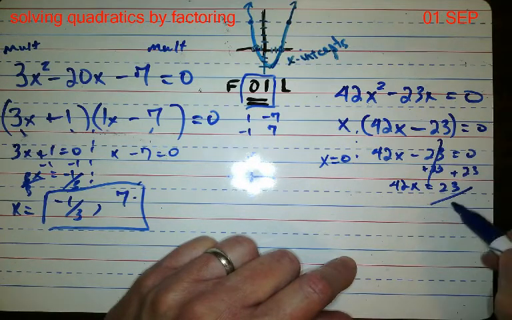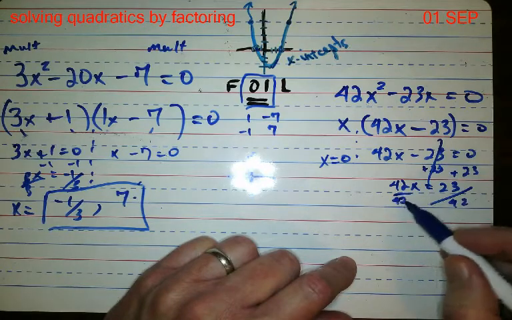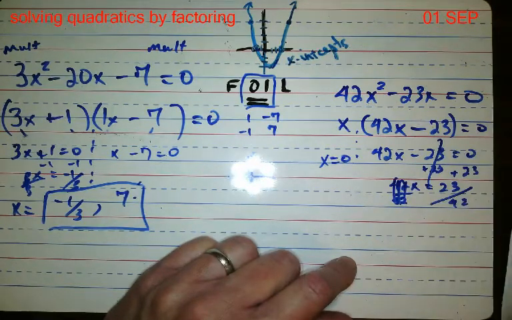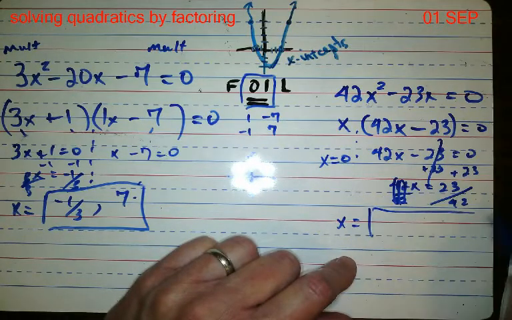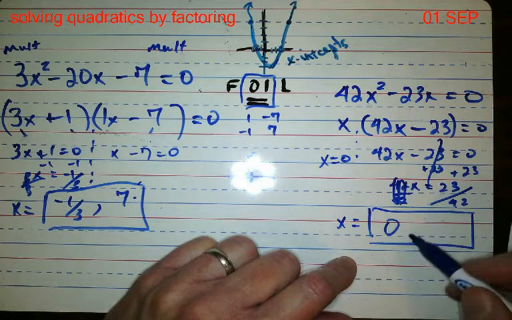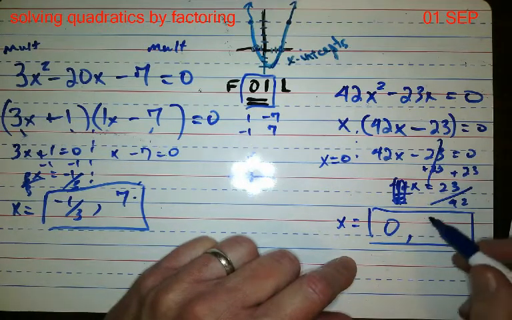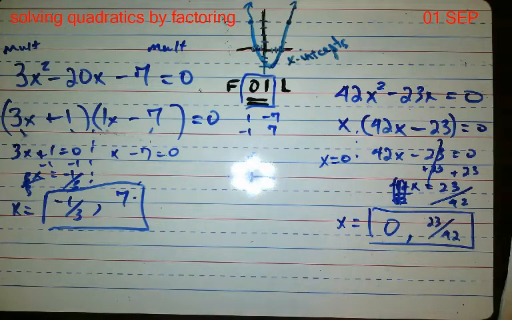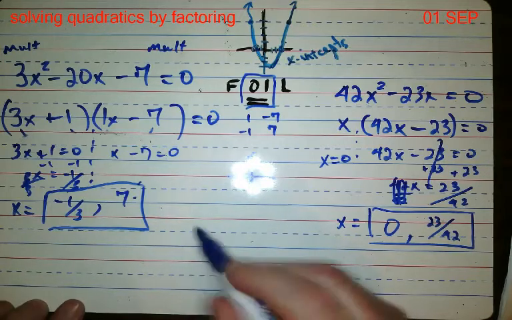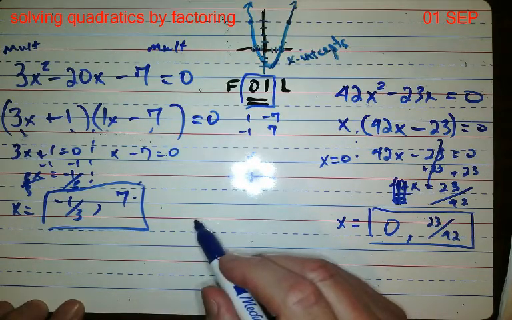You have to divide by 42. Well, I can do that. So the answer B, we'll put a little box here, 0, comma, you have to write 23 divided by 42. Nothing to it. Easy. Well, we got one more. Got time for one more. Let's do it. Do it to it.